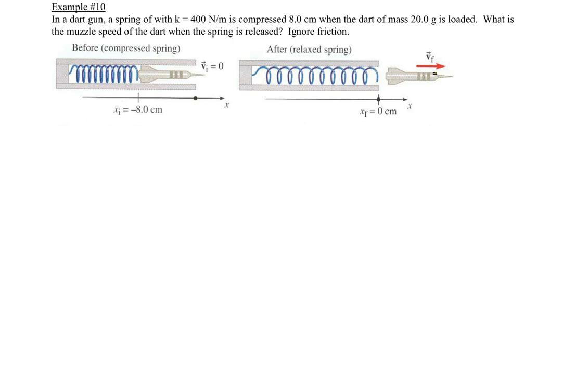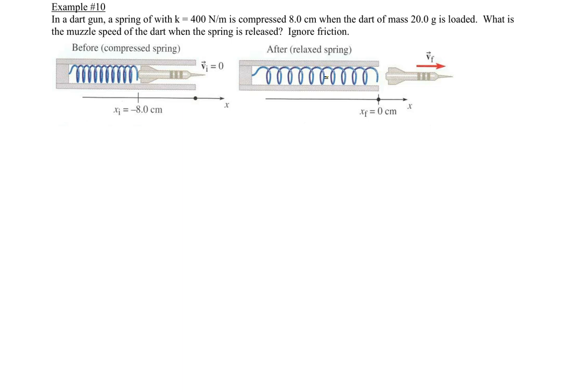Now, fortunately in this problem, the dart gun is made to go horizontally only, which means that the dart is not moving upwards or downwards, and so there's no change of gravitational potential energy. I guess this problem could be made more challenging if we were to slant the dart gun off at an angle.